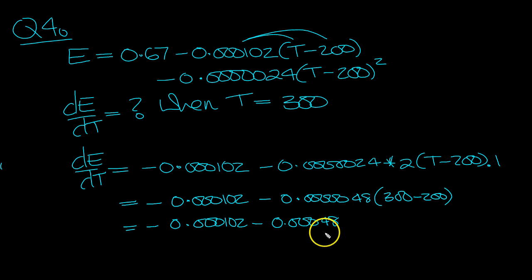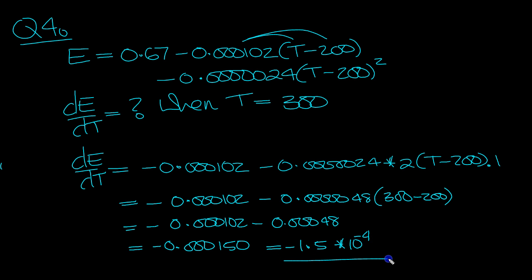Because it's 100 of these. Tap it in the calculator if you need to. So it's minus 0.000150 when you tap it in the calculator, which is equal to minus 1.5 times 10 to the minus 4.